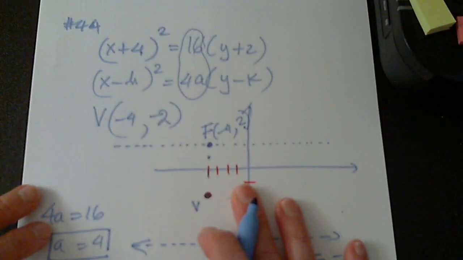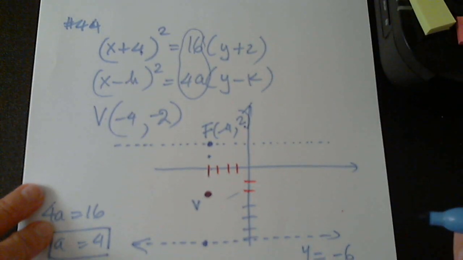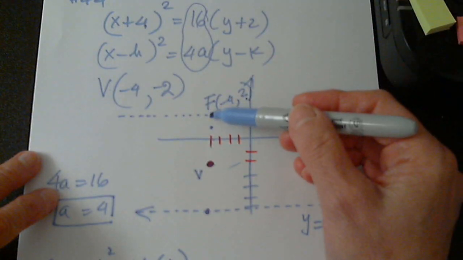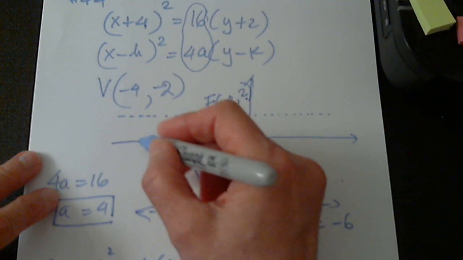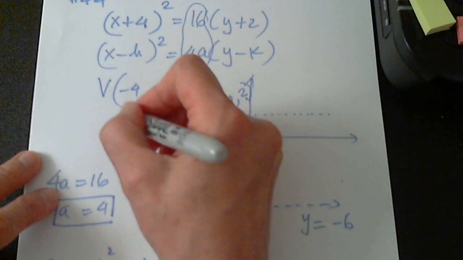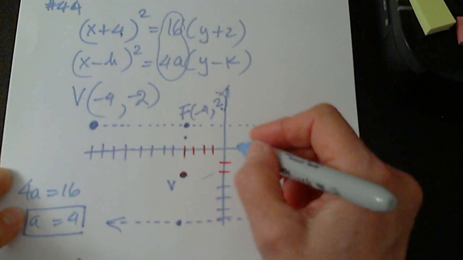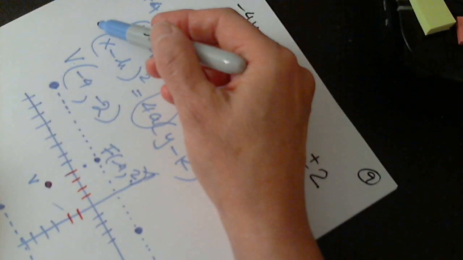Therefore, x equals negative 12. So this was negative 4. 5, 6, 7, 8, 9, 10, 11, 12. This is 1 point. And the other one is at x equals 4. 1, 2, 3, 4. And this is the other point. So here is my parabola.